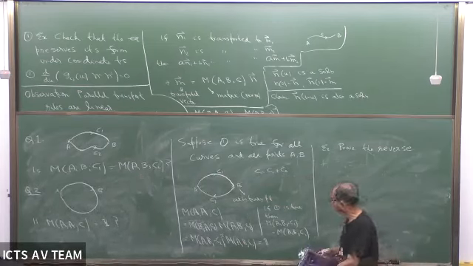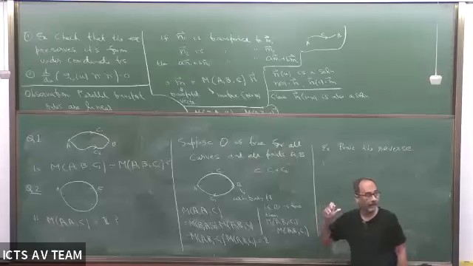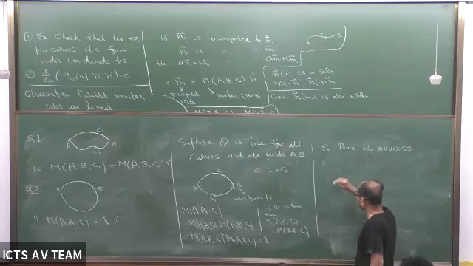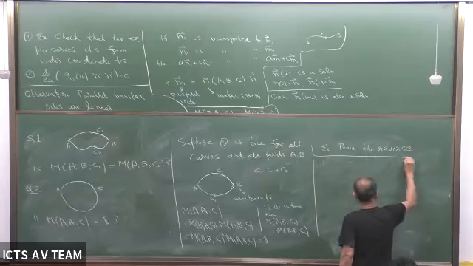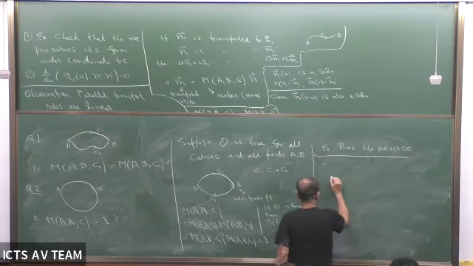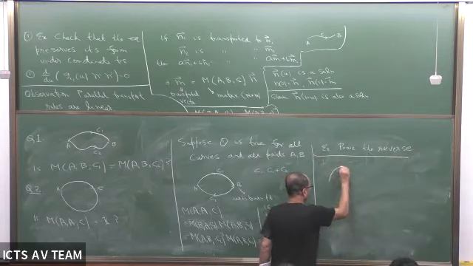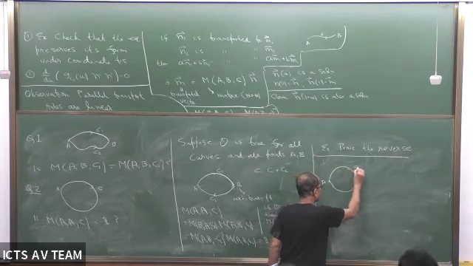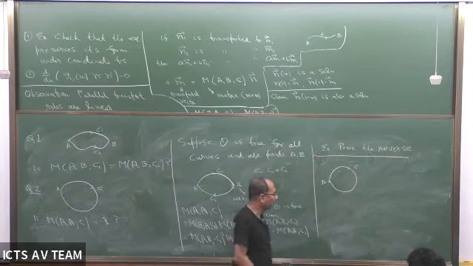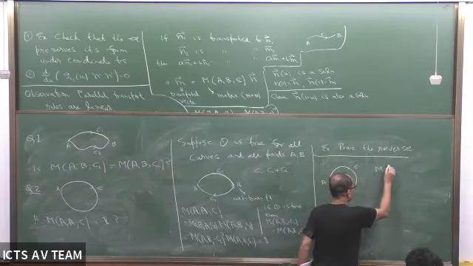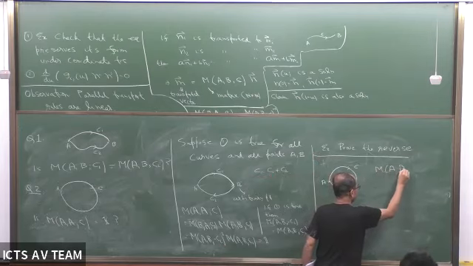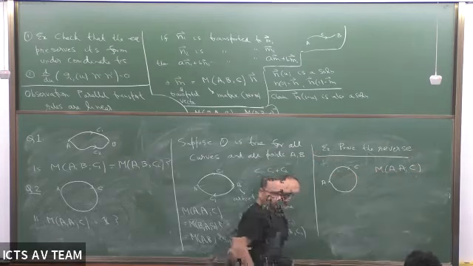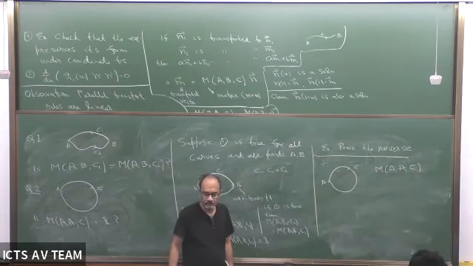Okay, the last thing I want to do now, before I state the results which I'll prove next time, is the following: that we introduce this parallel transport along a closed curve. M, this is A, and this is C. So you have this notion of M_AC.